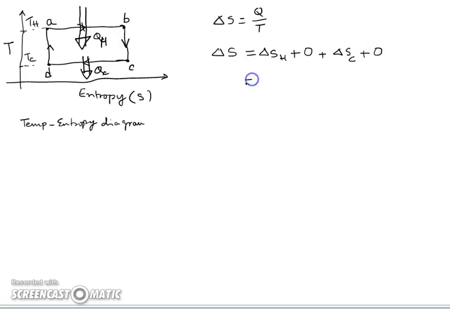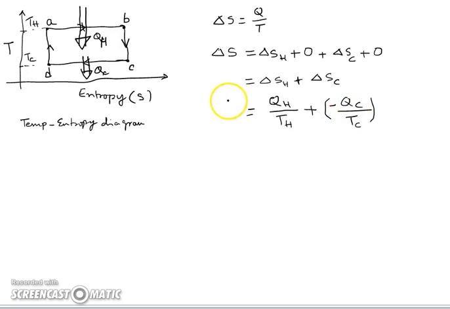So we can say this is delta SH plus delta SC, the low or colder temperature, than this which is hotter, right? Now delta SH is nothing but QH that we took at temperature T hot, plus delta SC, which was QC over TC at constant temperature TC. But QC is leaving, so from the sign convention that is minus QC over TC, right?